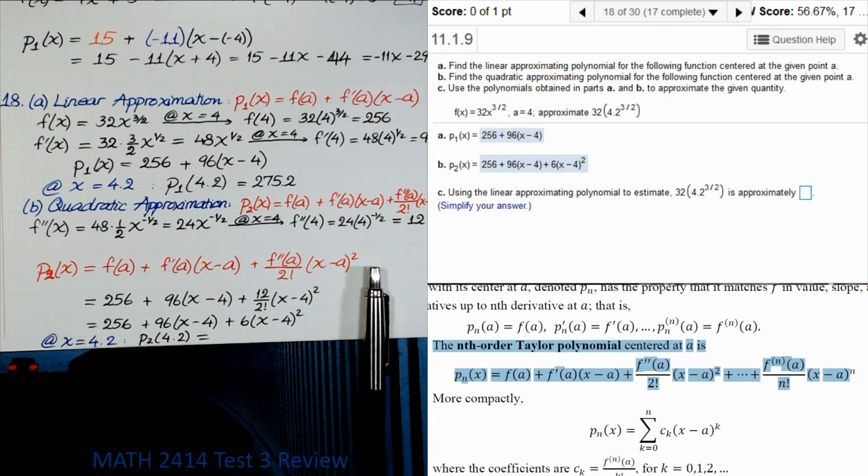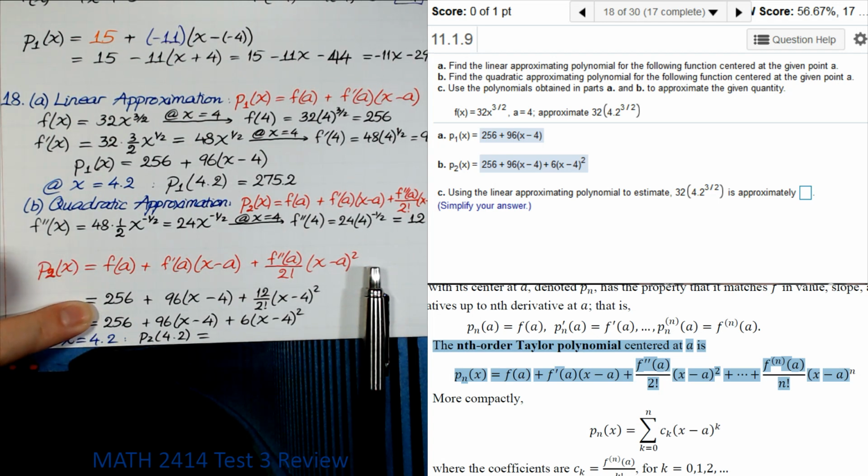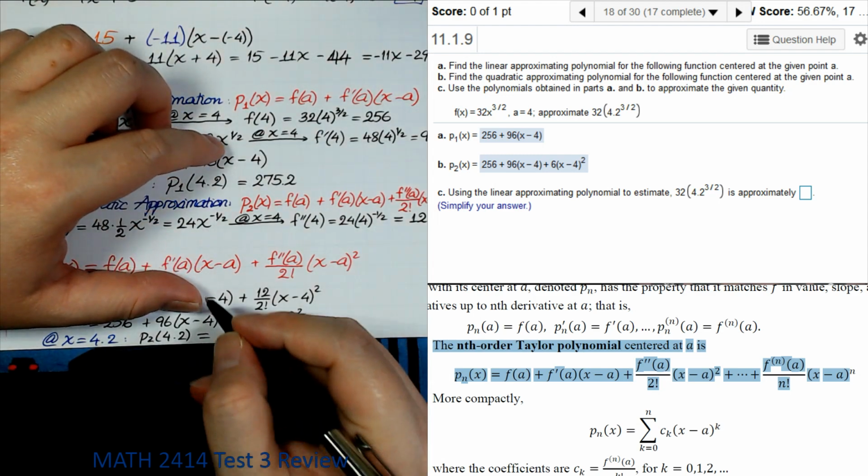We stored x equal to 4.2 earlier, so we don't have to do that here on the calculator. Already stored the value. Now we just enter this function, 256 plus 96 x minus 4 plus 6 x minus 4 squared. 275.44.